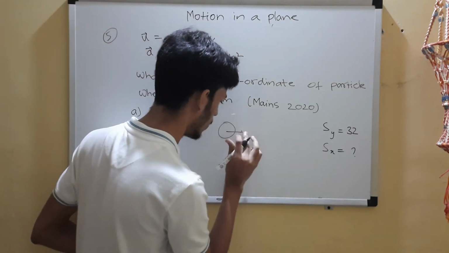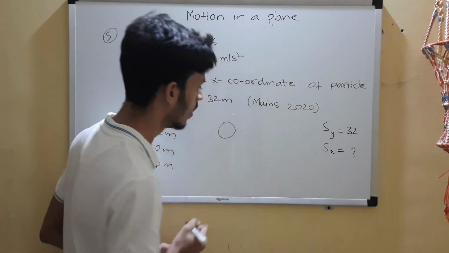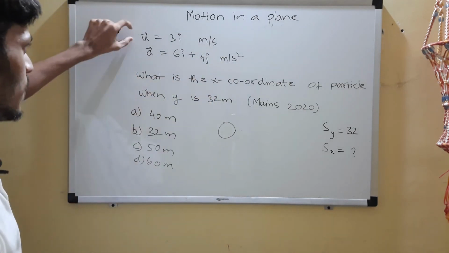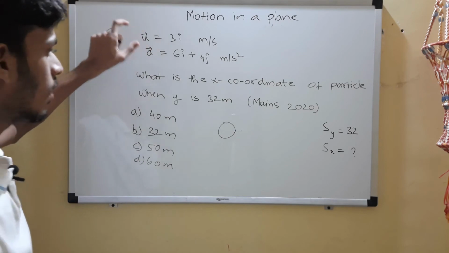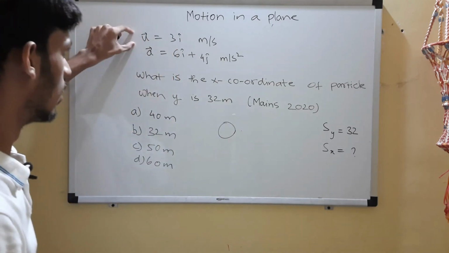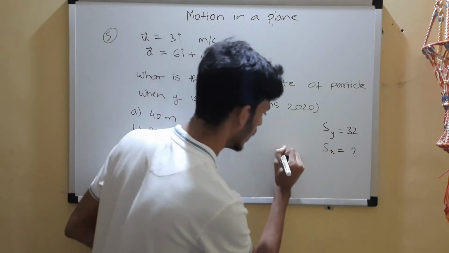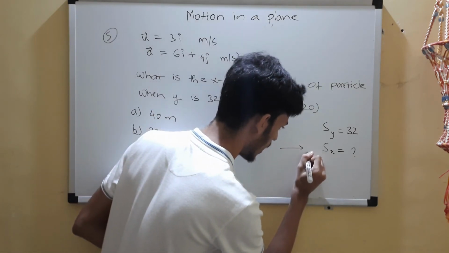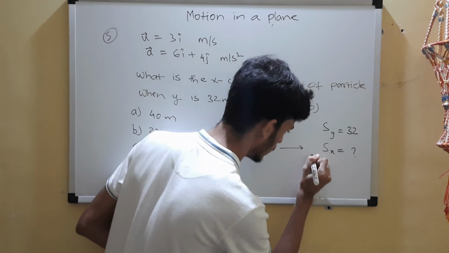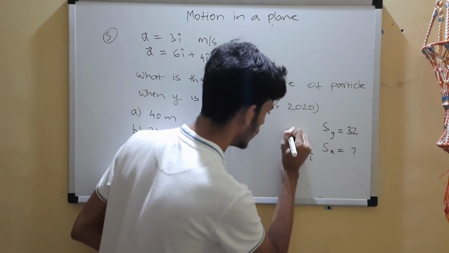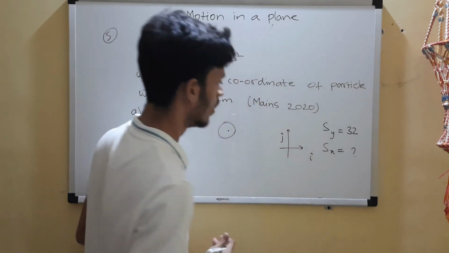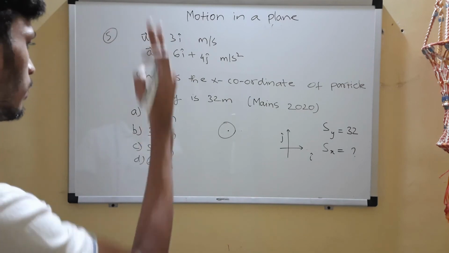I'll teach you that. Suppose this is the particle. So you just break this velocity into two independent 1Ds. Now this is only along the x-axis, right? So we'll take this direction to be i cap, the direction of the x-axis, and this direction to be j cap, the direction of the y-axis.